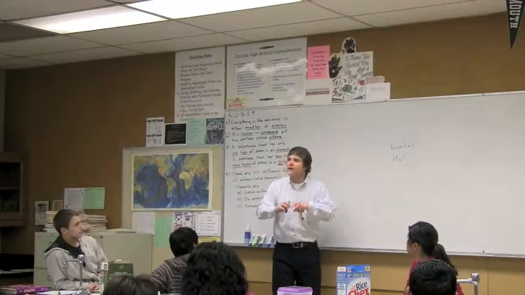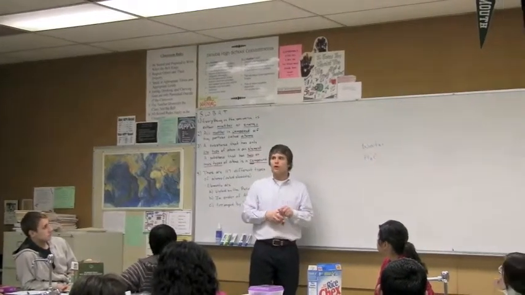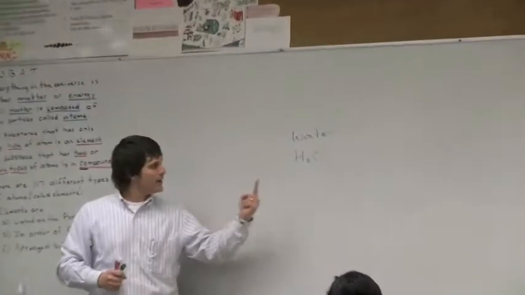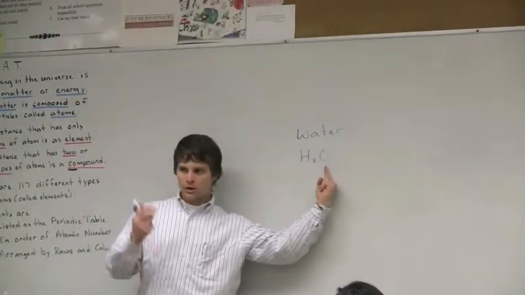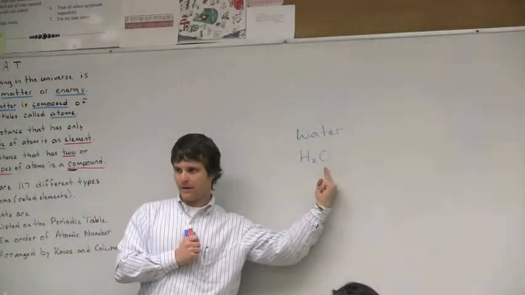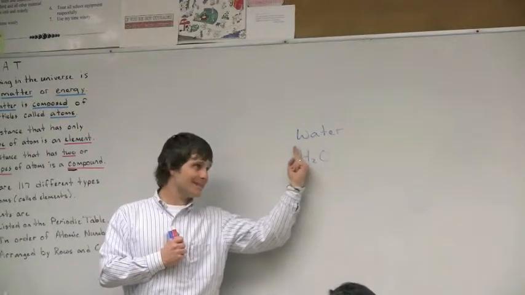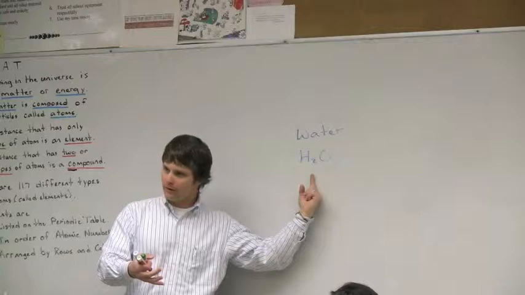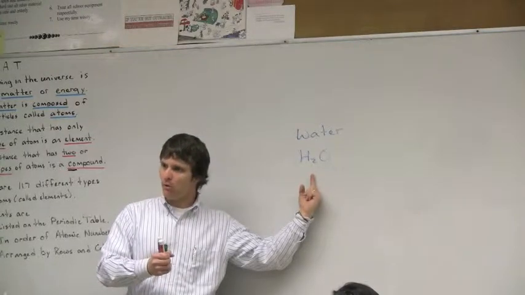Now, all of a sudden, the rules have changed. No longer is there one type of atom in there. Now there are two types of atoms in there. And so we don't call this an element, we have to call it a compound. Because there's two or more.